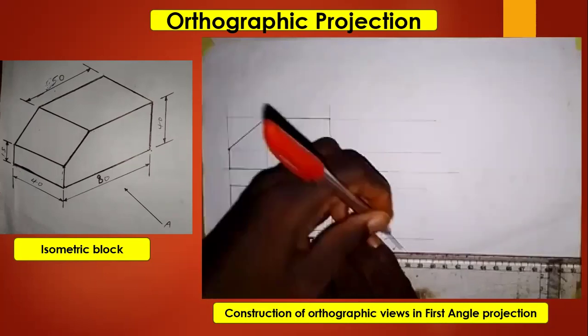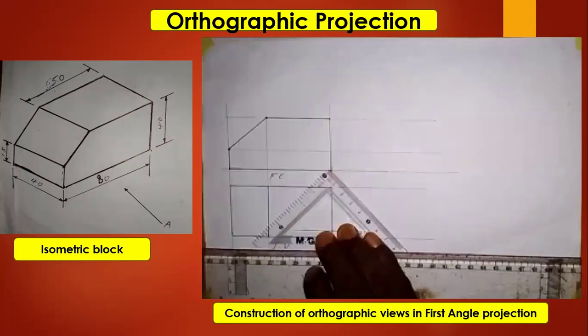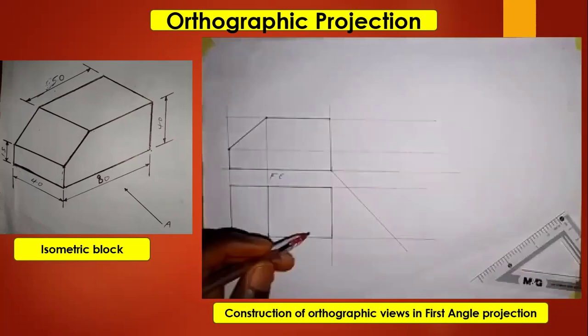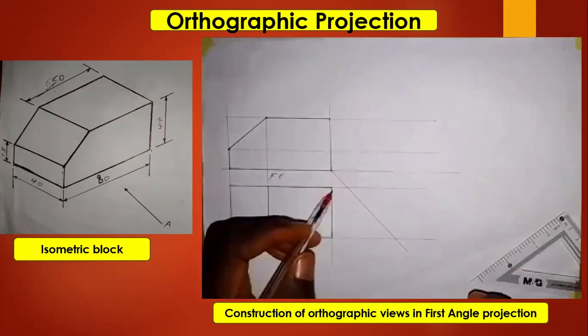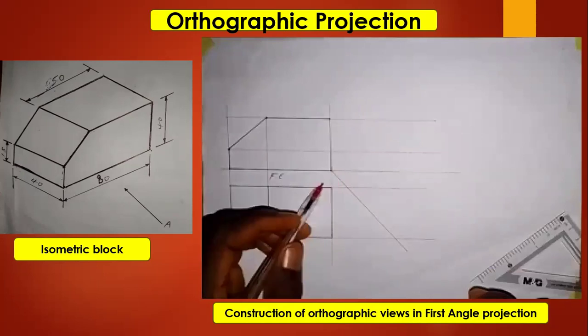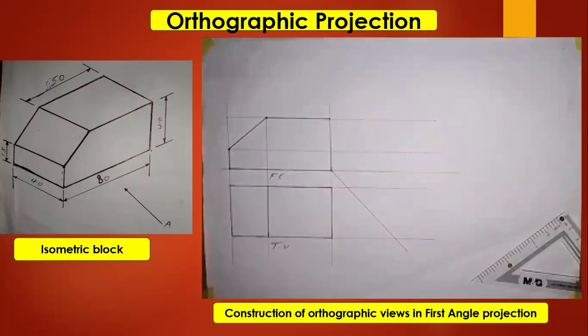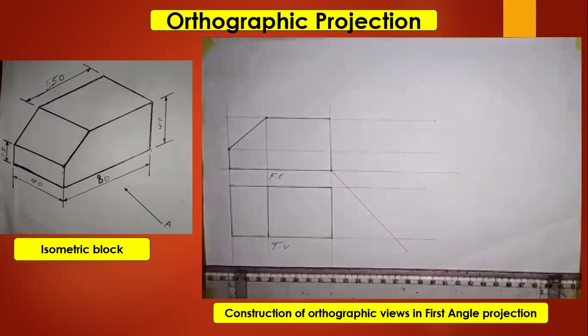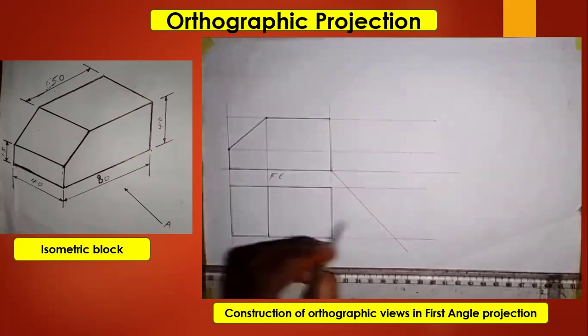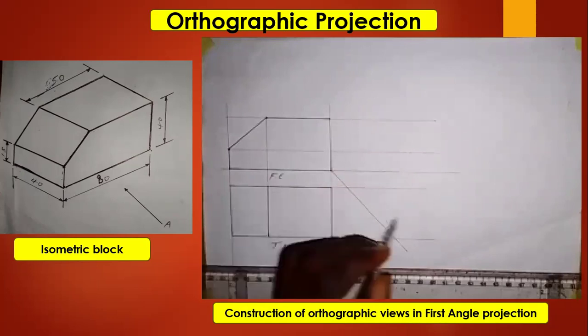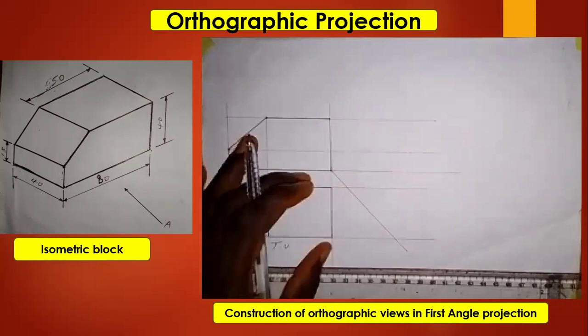So we draw this line. This line is at an angle of 45 degrees to this horizontal line, and also at 45 degrees to this vertical line, if you remember what we did in the previous one. So now, to get the end elevation, we take our set square. Wherever this line meets the horizontal lines that we drew out of the top view or plan, we take note of those points.